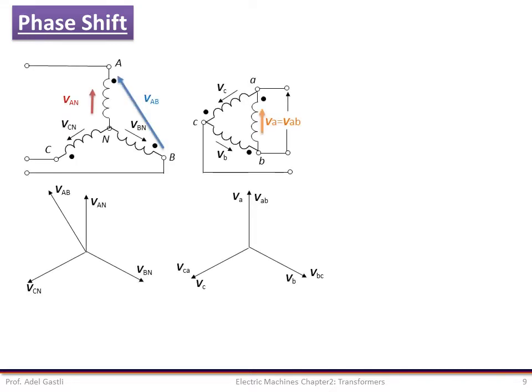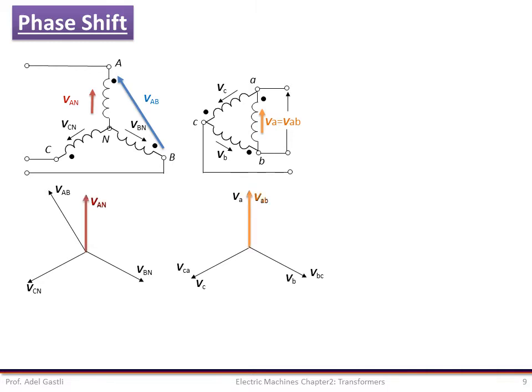Some of the three-phase transformer connections will result in a phase shift between the primary and secondary line-to-line voltages. Let us consider the Y-delta connection and its respective phasor diagram of the voltages as shown in this figure.